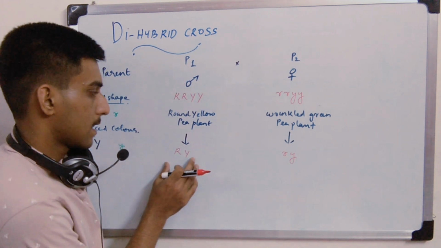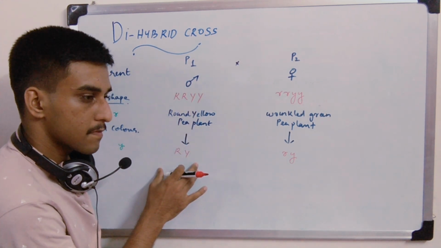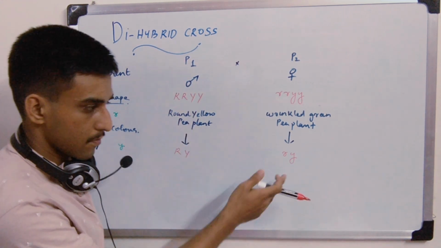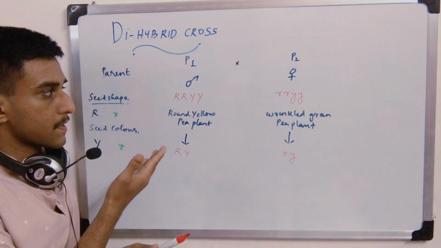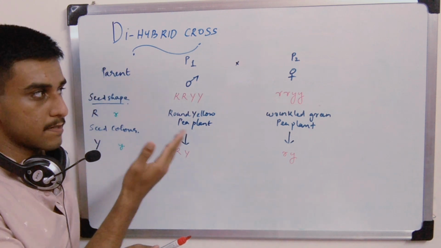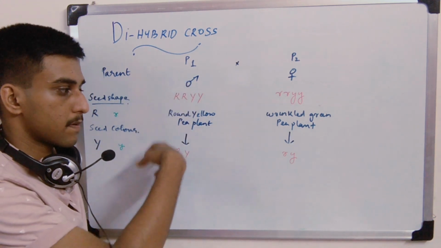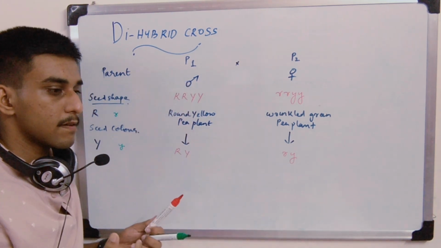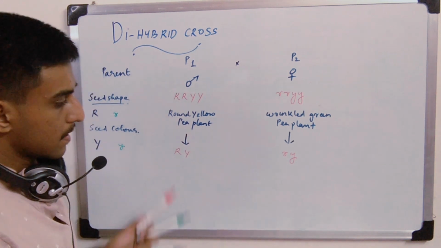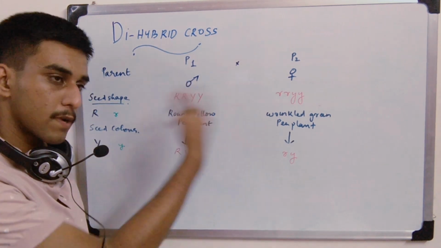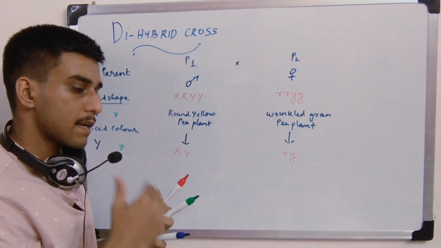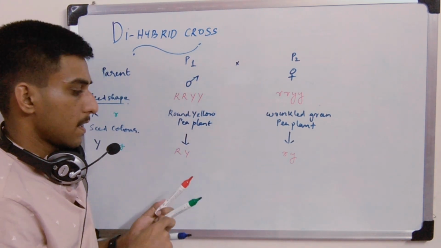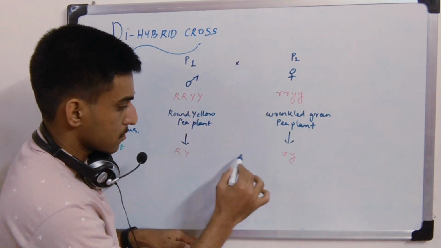So the gametes have been formed by the process of gametogenesis. This is a male plant and this is a female plant, so the pollen will be transferred from this plant to this plant. It is actually not needed, but we will just understand it. The pollen is transferred, fertilization happens, and a zygote is formed by the fusion of two gametes.